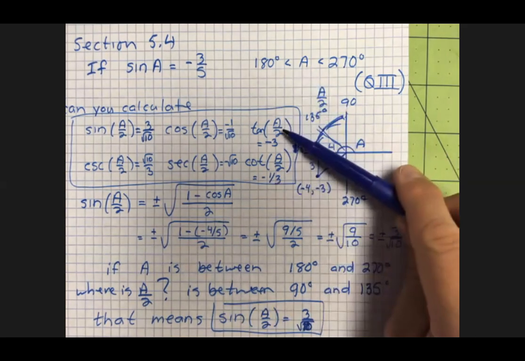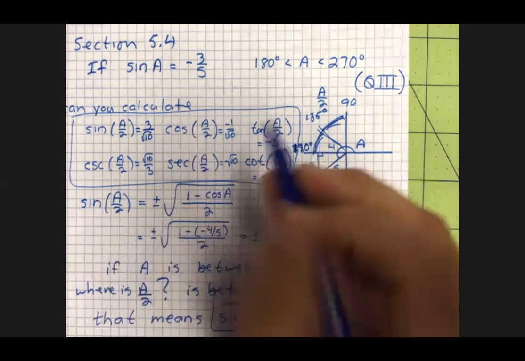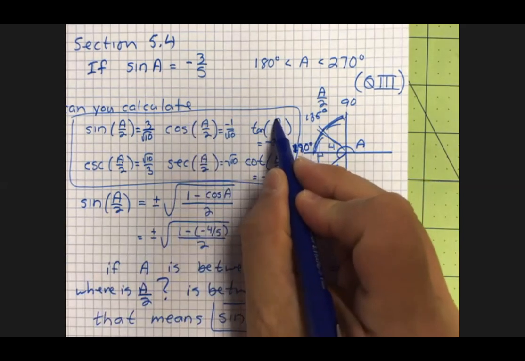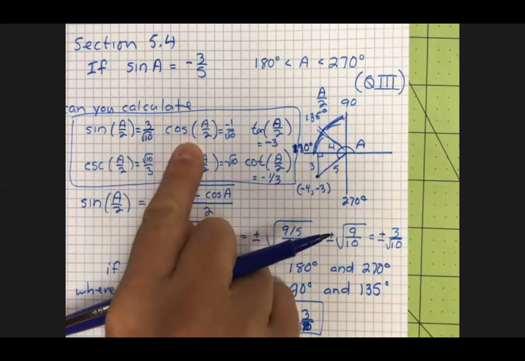Notice, by the way, I did the tangent of the half angle without giving you a formula for the tangent of half angle. Because the tangent of the half angle was simply the sine of the half angle divided by the cosine of the half angle.